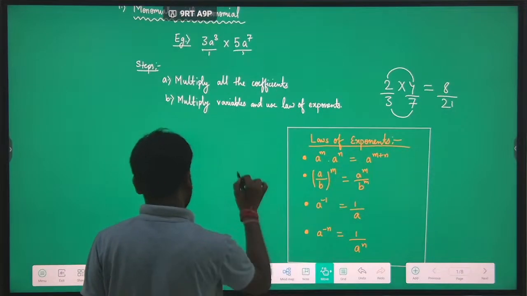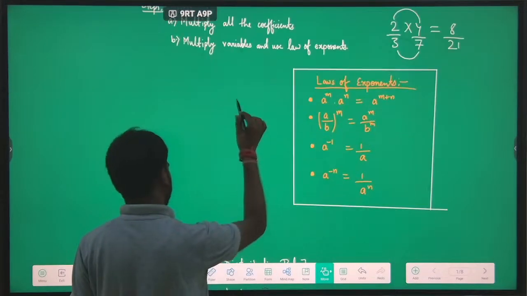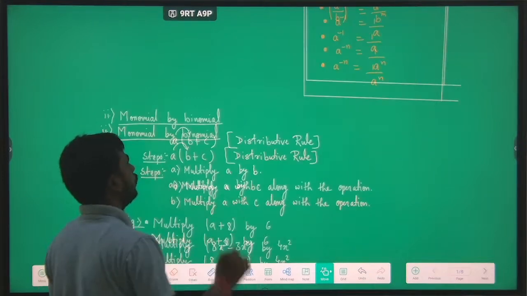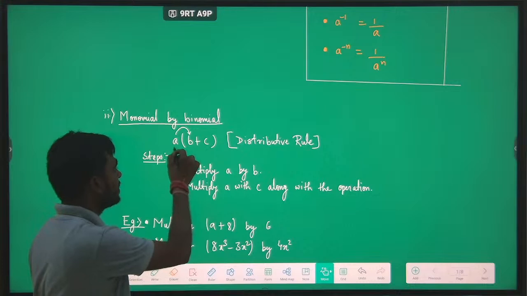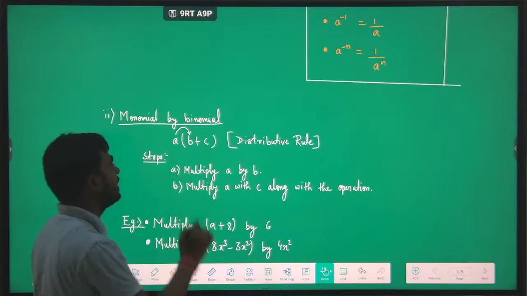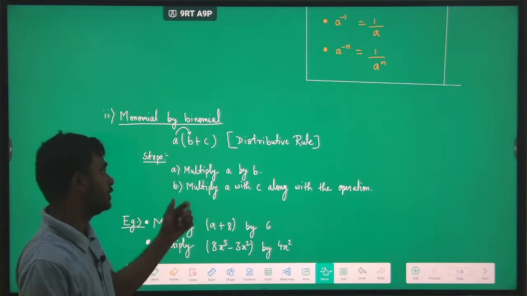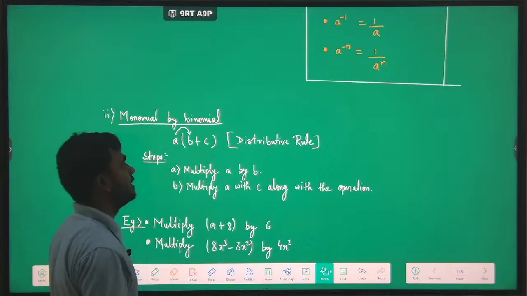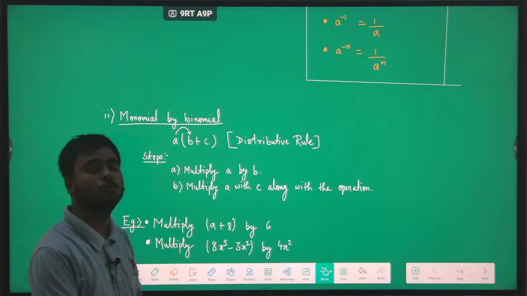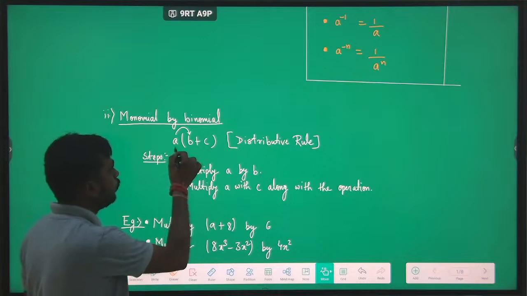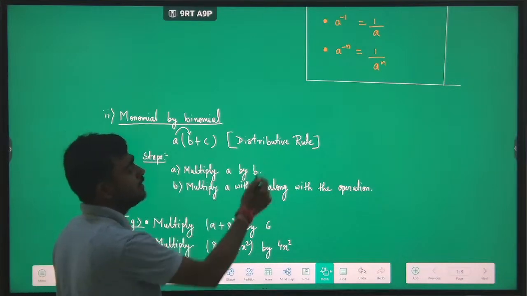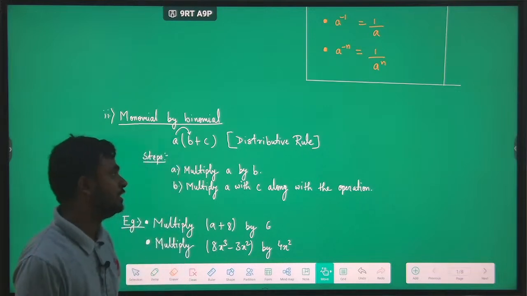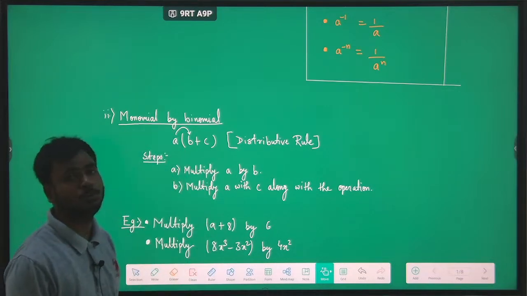Similarly, the other type is monomial with binomial multiplication. A monomial is an algebraic expression having one single term. Similarly, a binomial is an algebraic expression having two terms. Whenever a monomial is multiplied with a binomial, we follow the distributive rule. What is the distributive rule?